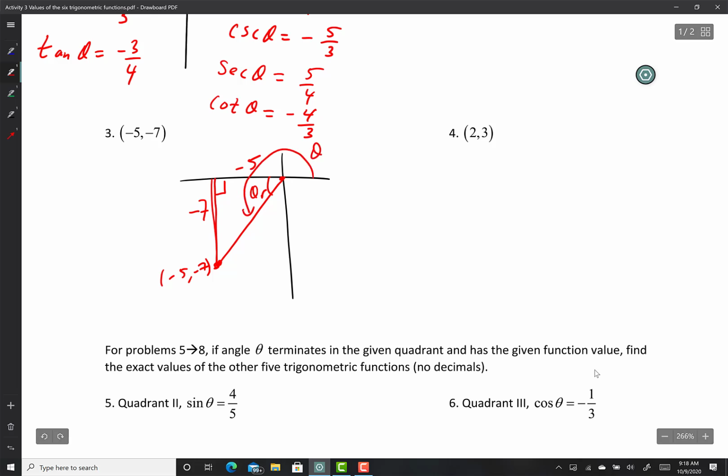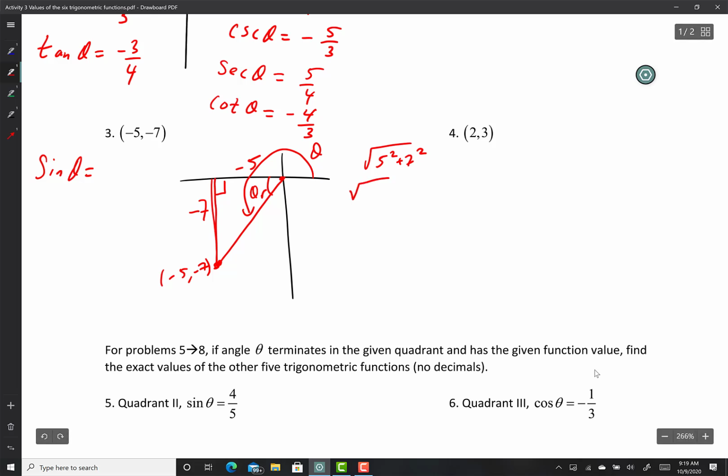And here we go, guys. So I'm going to write sine of that angle. Sine is opposite over hypotenuse. Oh, we need the hypotenuse now. So on the side, I'm going to go square root of 5 squared plus 7 squared. It doesn't matter because if you put a negative in there, we are squaring it anyways.